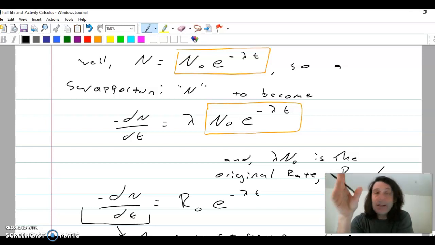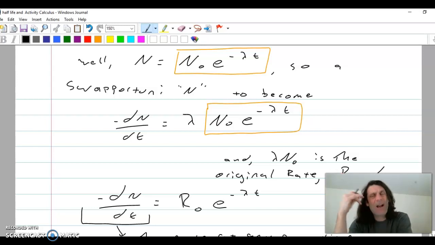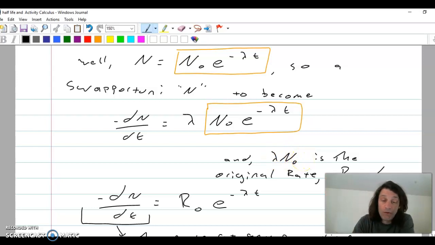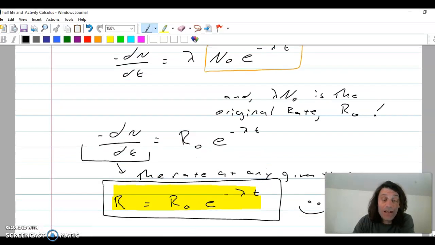Lambda times any given N is how active that sample is at that time. So we can replace lambda N naught with the rate at which it's initially decaying, which was R naught. That naught, again, just means the original rate at which it was decaying. Whenever that radioactive sample formed, how active was it at that time?